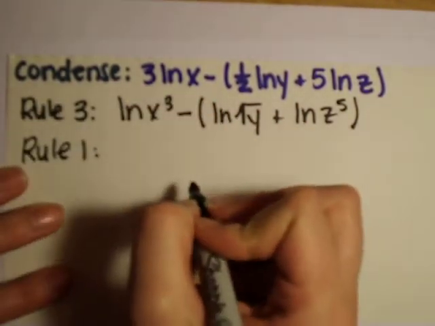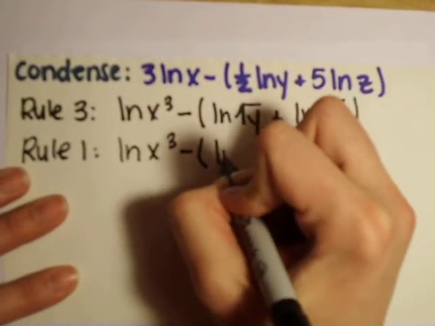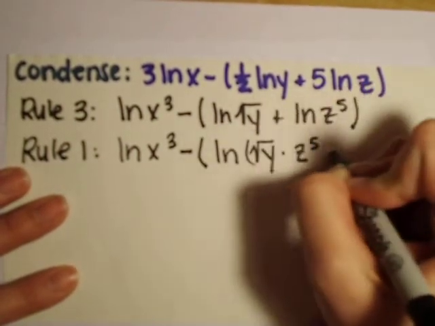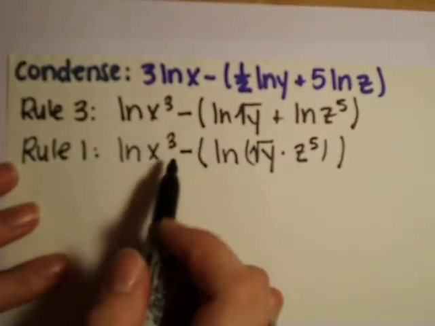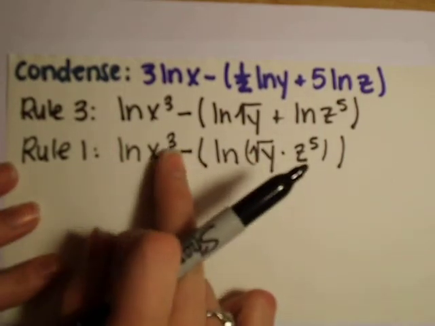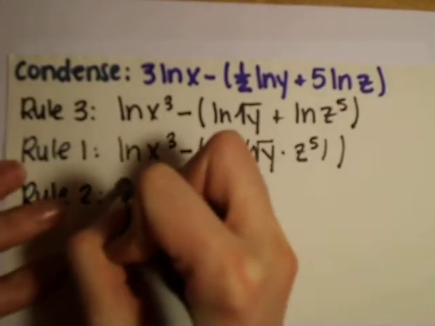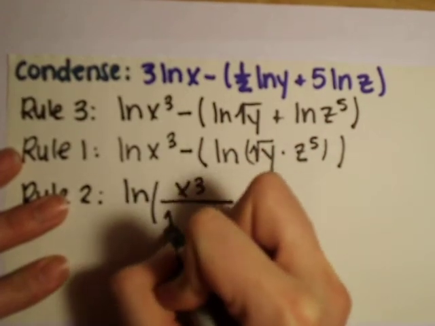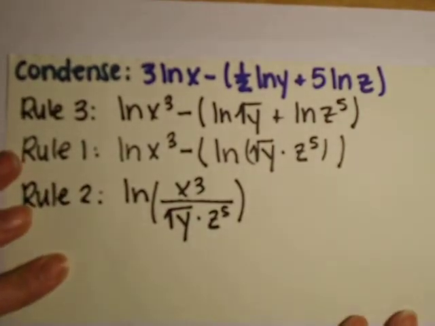Rule 1 is our product rule, so we'll have natural log of x cubed minus the natural log of the square root of y times z to the fifth. Now we can use our rule 2, which is our quotient rule, because we have a natural log subtracted from another natural log. This gives us the natural log of x cubed all over the square root of y times z to the fifth. And this is our final answer here.